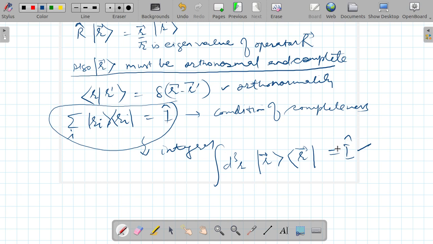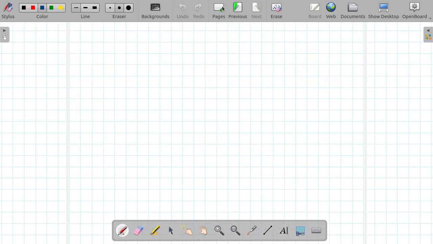So let us look now at the wave function. The wave function depends upon R, it is a function of R. So let me recall ket psi, and I want to incorporate position into it, because it is a function of position. For that, I will operate it with the unity operator, which represents the completeness condition corresponding to the position operator.